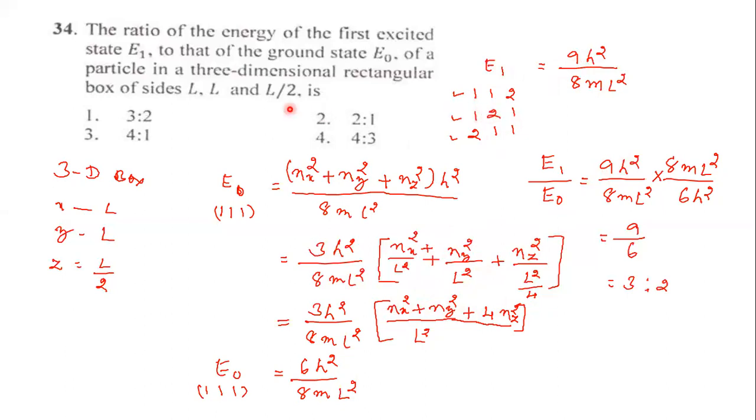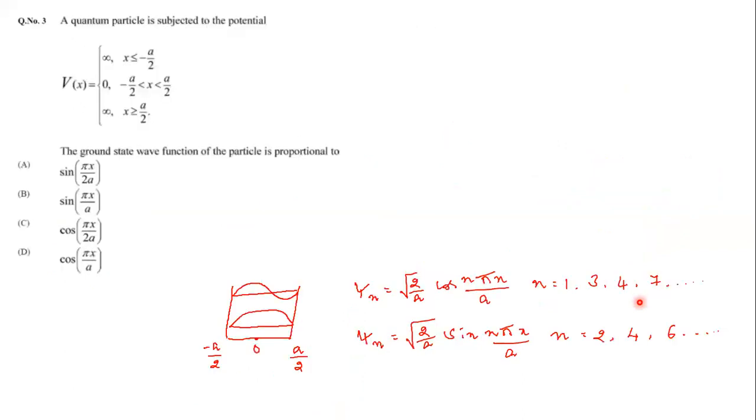Now we need to find the ratio of E1 to E0. E1 by E0 is equal to 9h square by 8ml square into 8ml square by 6h square, which is the energy of the ground state described by these quantum numbers. So that would become equal to 9 by 6. So this is in the ratio 3:2.